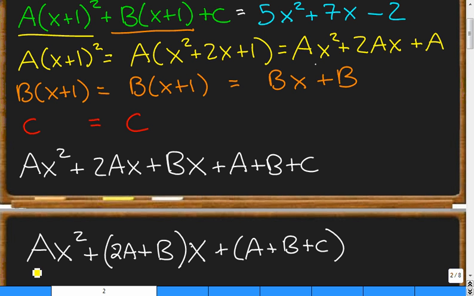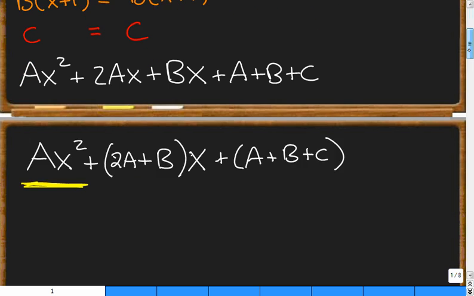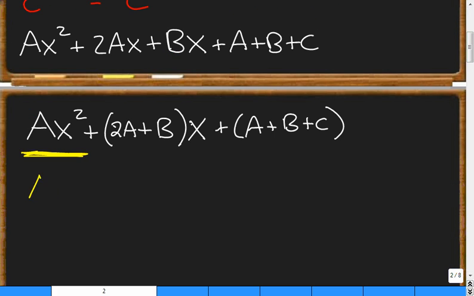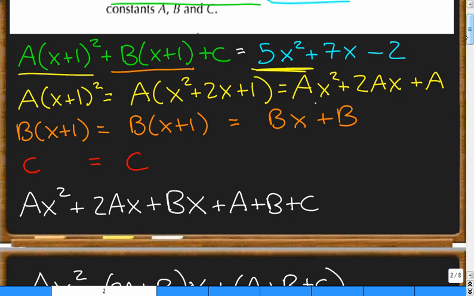We can see here that we have our single x squared term. Well, ax squared goes with 5x squared. So if ax squared equals 5x squared, then a equals 5. And we move on.